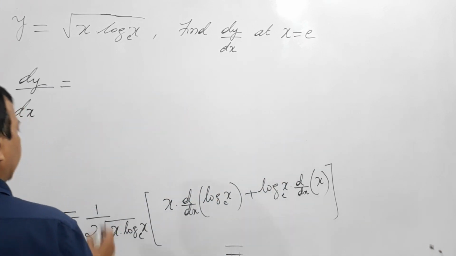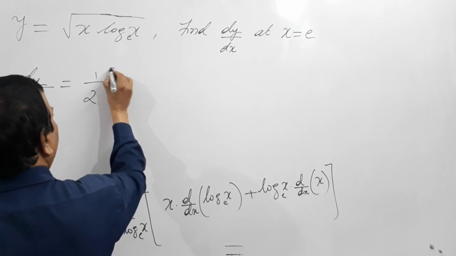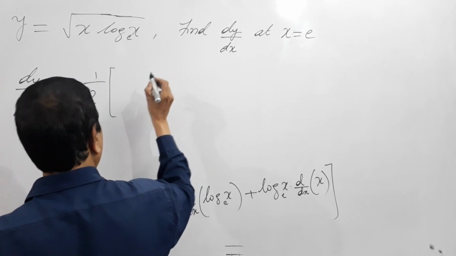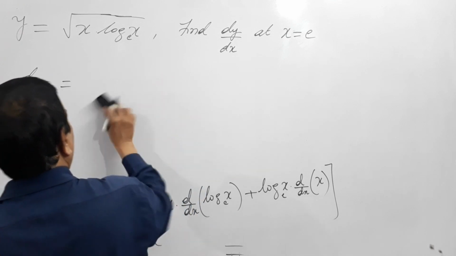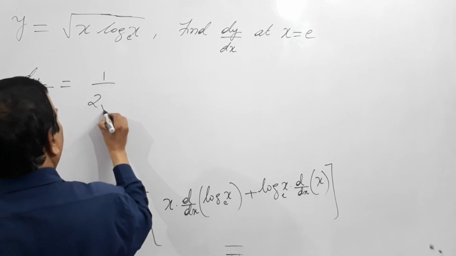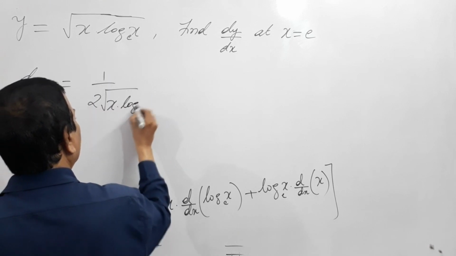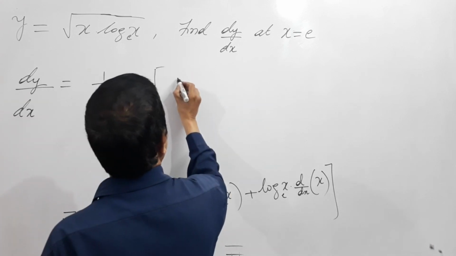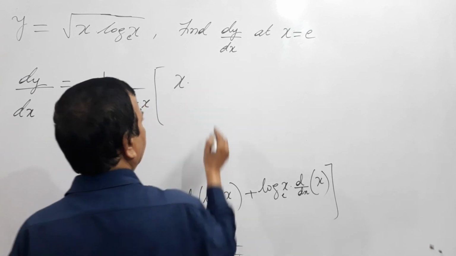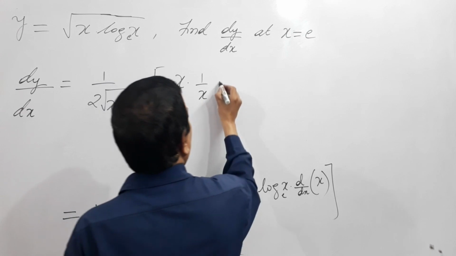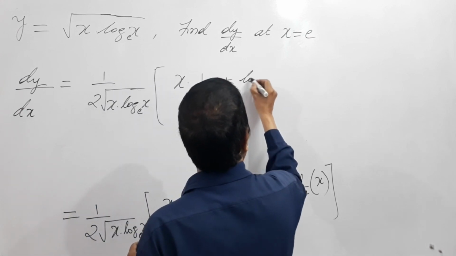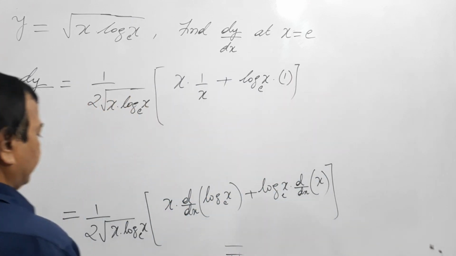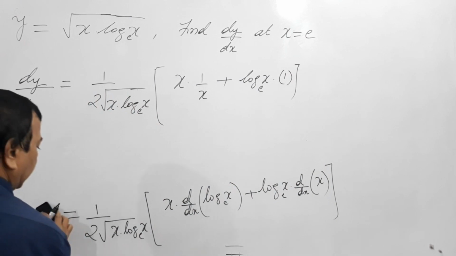So what happens here? This equals half into x into log x to base c. We'll solve this. That becomes x into d by dx of log x, which is nothing but 1 by x, plus log x to base c into 1.